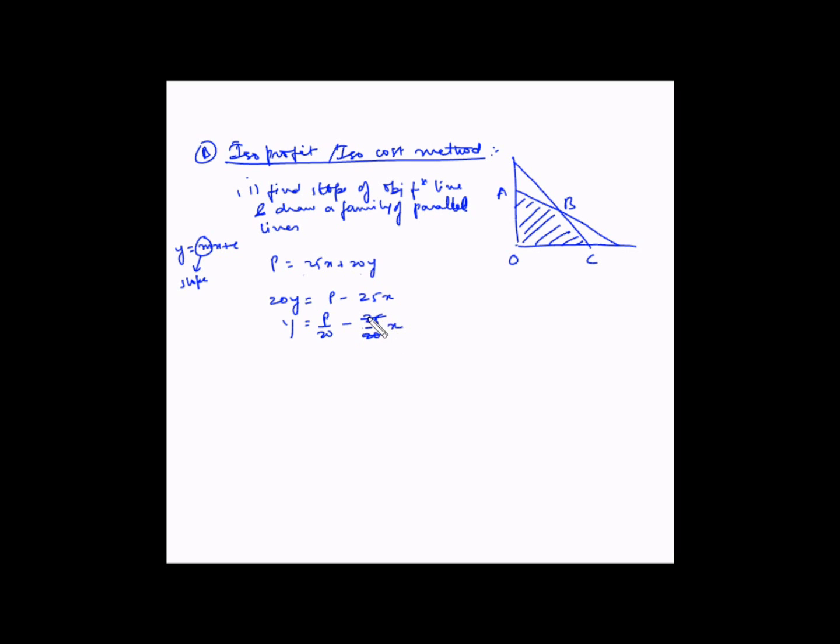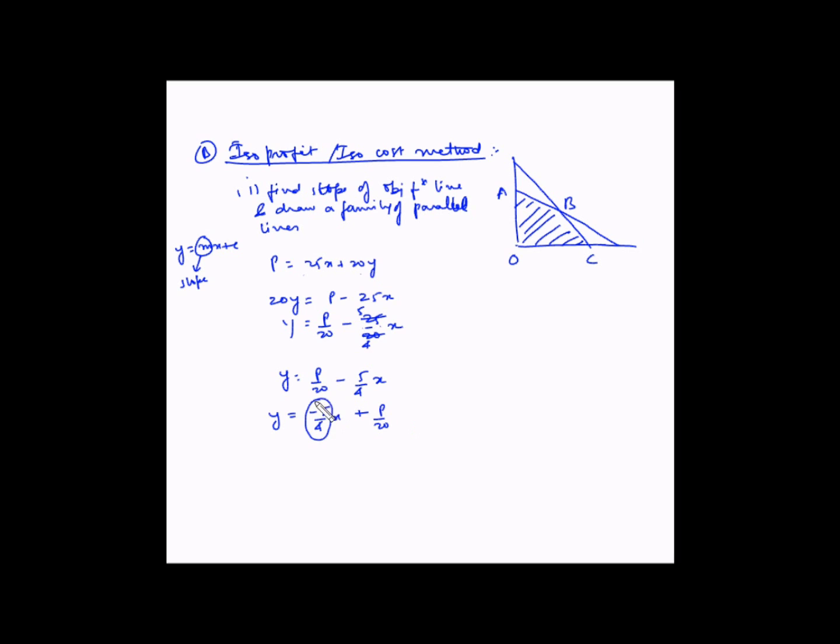So you can divide each of these numbers by 5. So it becomes 5 5s are 25 and 5 4s are 20. So y is equal to p by 20 minus 5 by 4 times x, or this can also be written as y is equal to minus 5 by 4x plus p by 20.